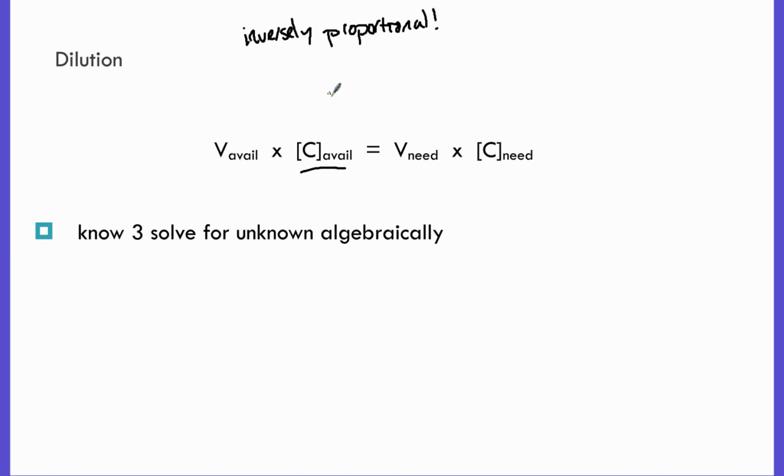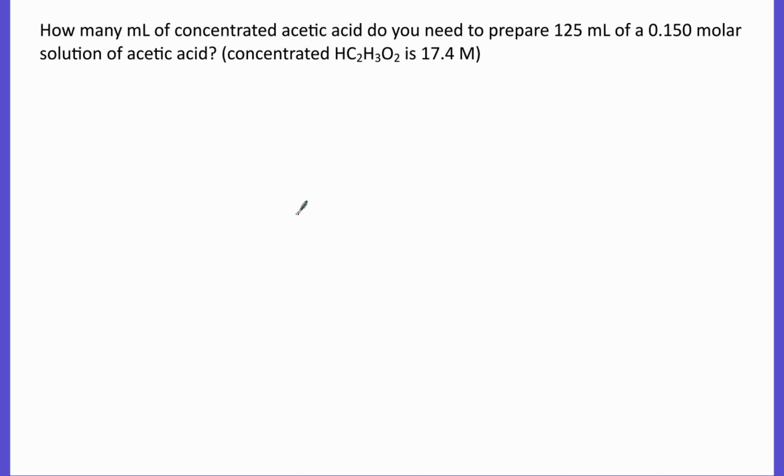Meaning that if I increase my volume, if I add water, I'm going to make whatever I have in that solution less concentrated. Adding more water decreases the concentration. So I'm going to know 3 and solve for the other one algebraically.